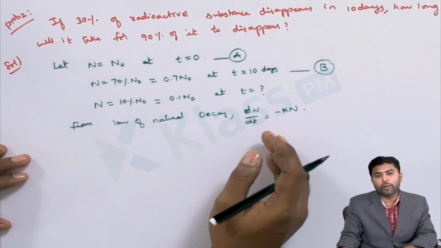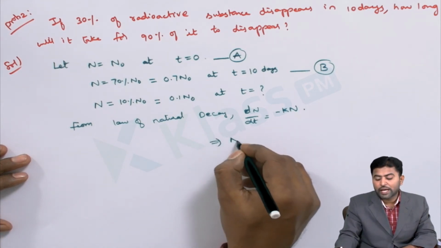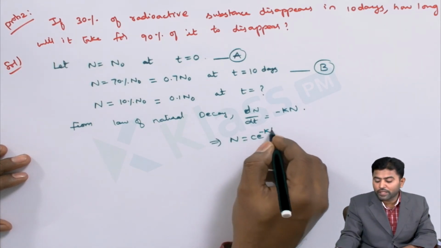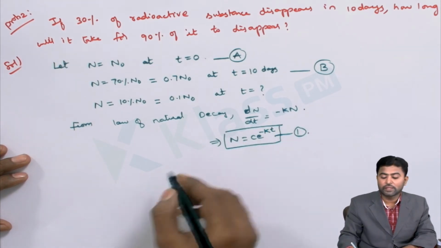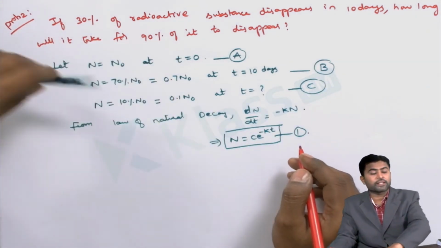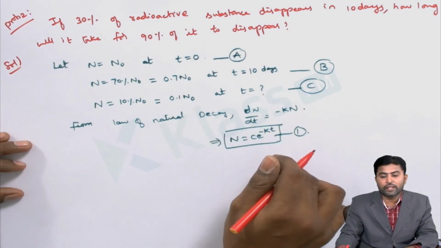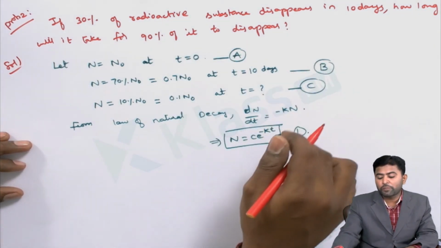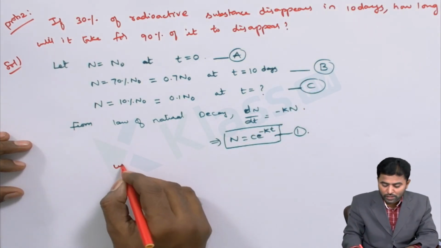Then by using the variable separable method and integrating, we get n is equal to c into e power minus kt. We'll take this as equation 1. Now, applying the same procedure, using equation A in this we'll get the value of c, using B in this we'll get the value of k, and finally we'll get the solution.